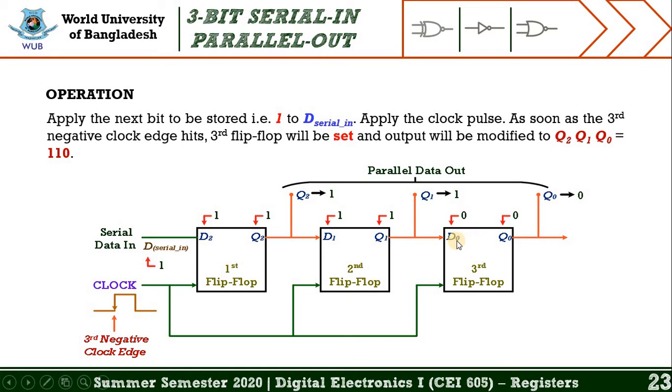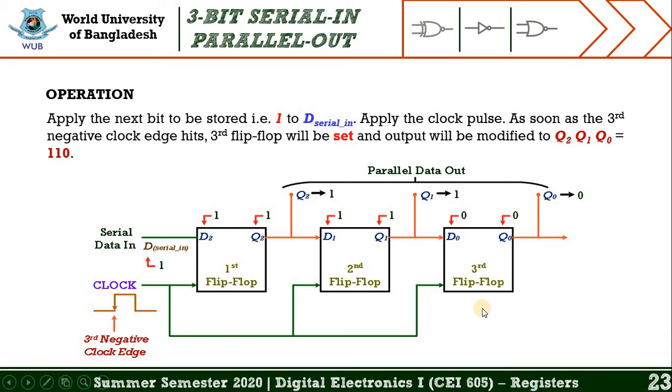And the third flip-flop is in set condition for this situation, because the third clock edge is applied at the clock, so it resumes the previous state value, which is D0 equal to 0 and Q0 equal to 0.